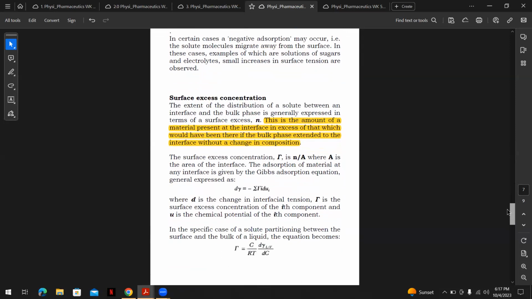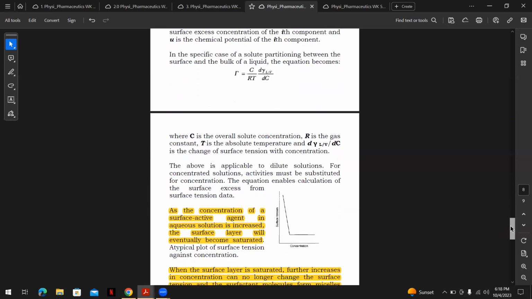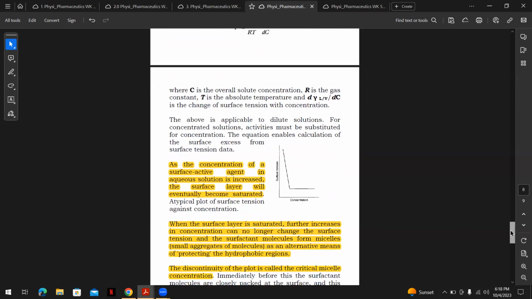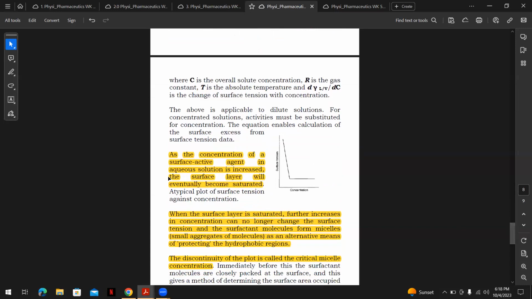So surface excess concentration, just as the word suggests, is an excess of the concentration at the surface by surfactants or whatever molecules you have, which is not normal for us to see in normal reference situations. As the concentration of those surfactants in aqueous solution is increased, the surface layer will eventually become saturated.